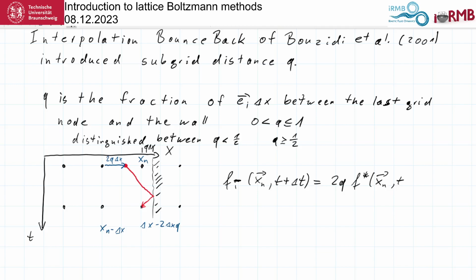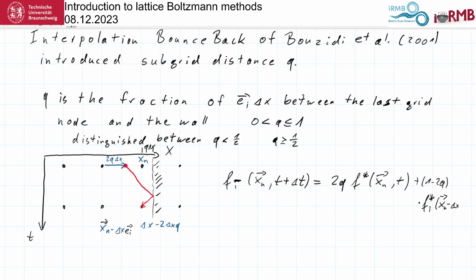So you use this distance 2q delta x times the one on the right, plus 1 minus 2q times the guy from the neighbor, so this is f_i star at x_n minus delta x.